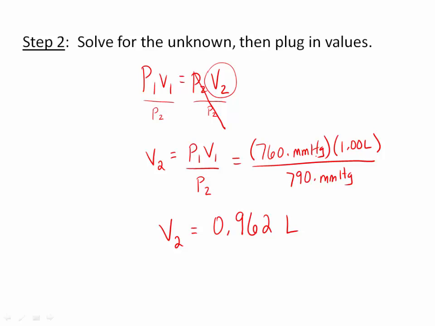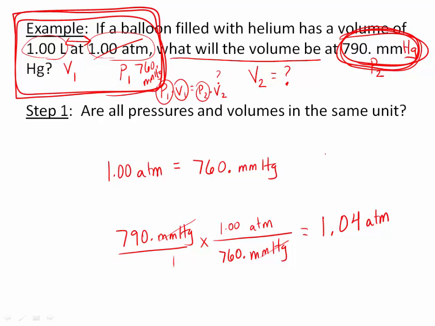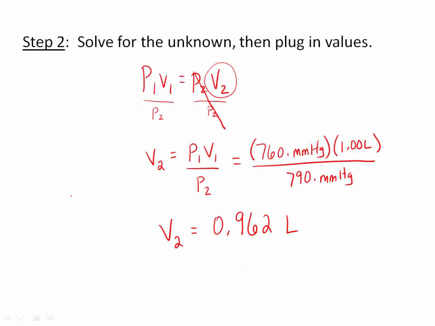Okay, let's check and see if our answer made sense. Remember, we had a balloon and it was 1 liter at 1 ATM, and we've increased the pressure on that balloon. So it was 1 liter when it was 760 mmHg. But what would happen if we pressed down on it more? What if we pressed down on it at 790 mmHg?